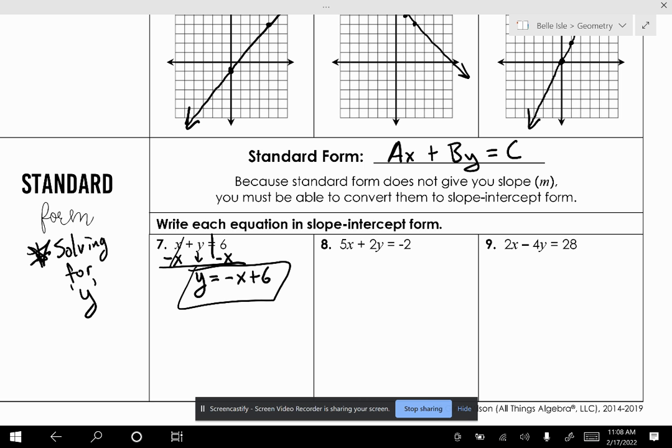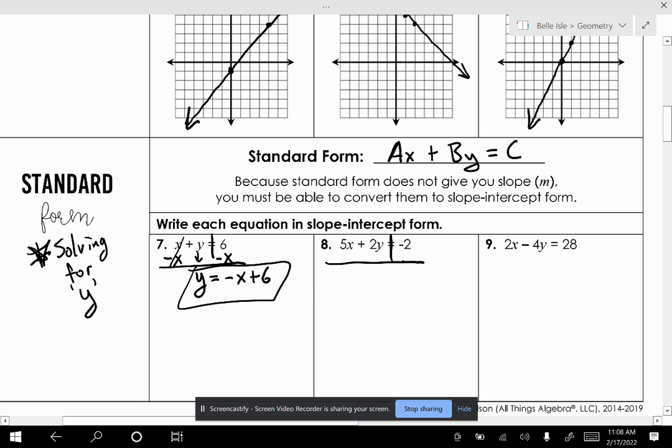I'll show you why. What we do on number 8 is the same thing you'll need to do on number 13 to fix it. Okay, let's look at number 8. I need to get y by itself. Y is on the left side, so I'm going to move stuff from the left side over to the right.